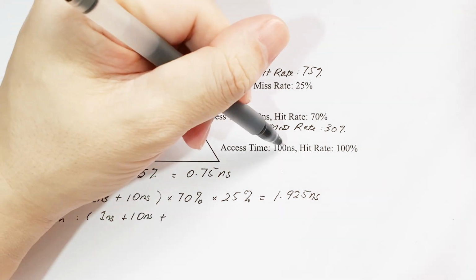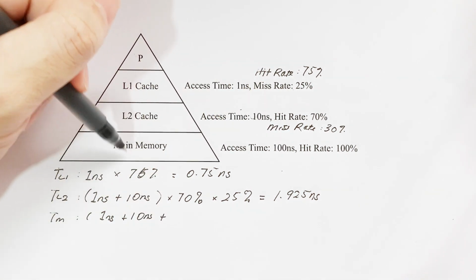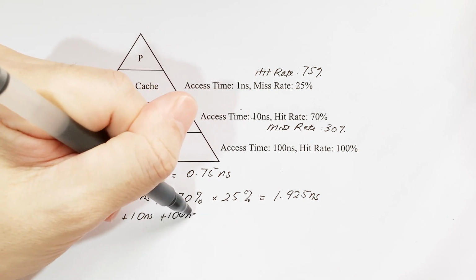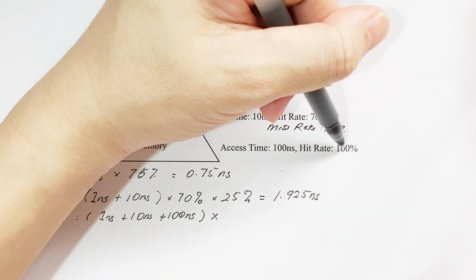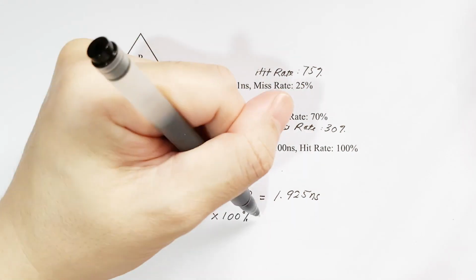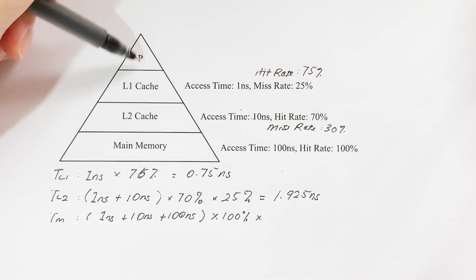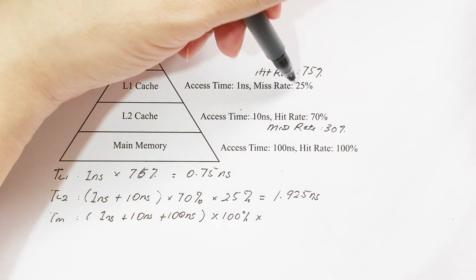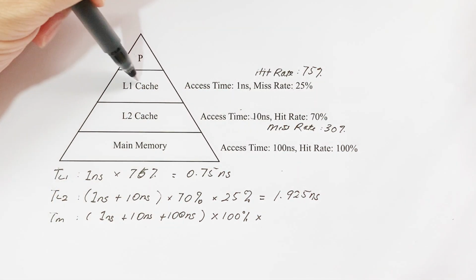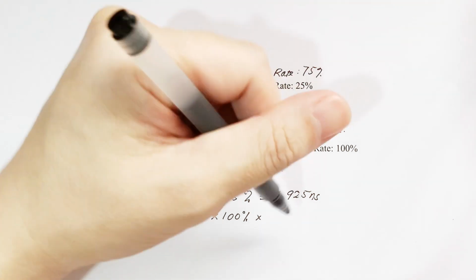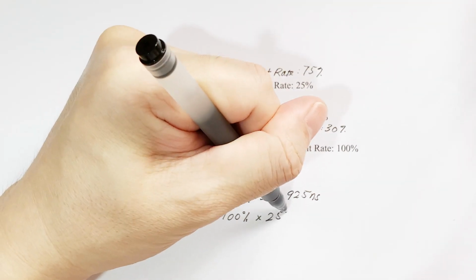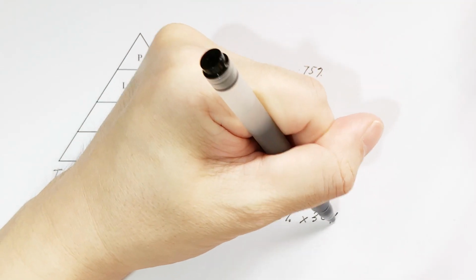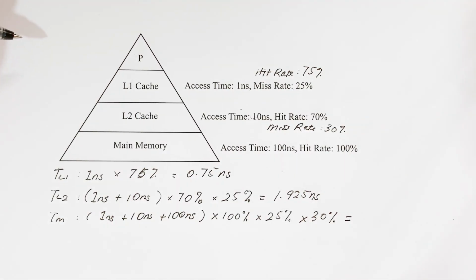And lastly is the amount of time that it requires to look for the data in main memory, which is 100 nanoseconds. And of course the hit rate is 100%, but not all the data the processor requires needs to be fetched from the memory. So we have to multiply by the miss rate where the data is not available in the level 1 cache, which is 25%, and also the miss rate of the level 2 cache. And finally the value will be 8.325.